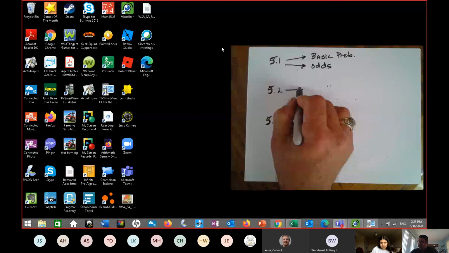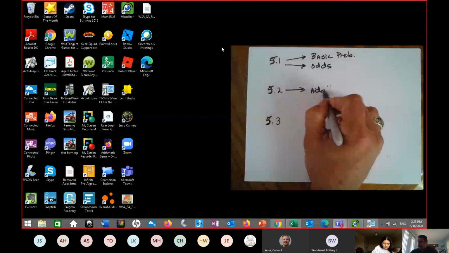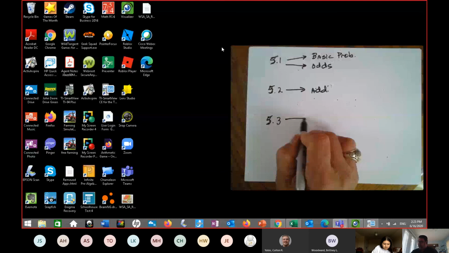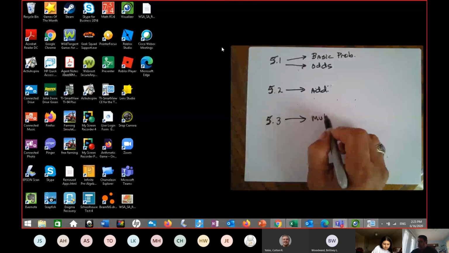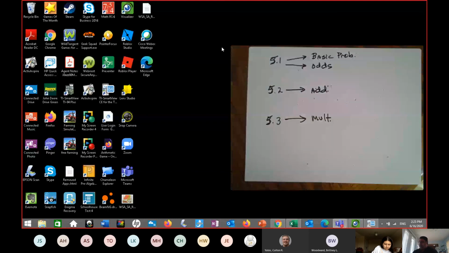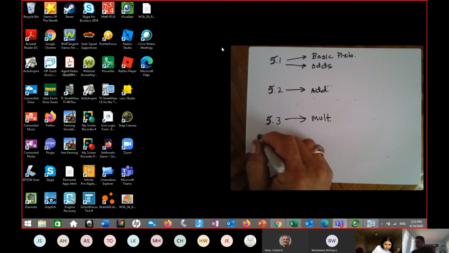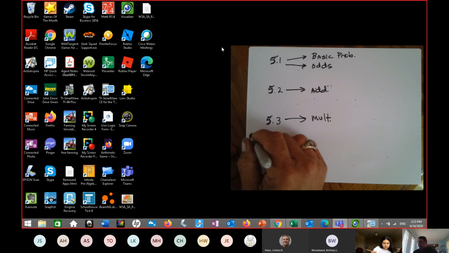5.2 is your additive law, and 5.3 is your multiplicative law. That's going to be 80% of your test. And after we finish going over homework problems with this, then we'll go over 5.5, which is used in factorial, which is counting.